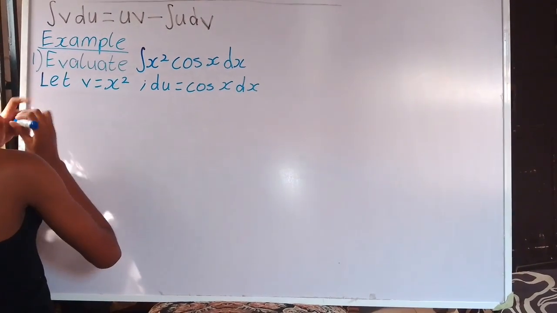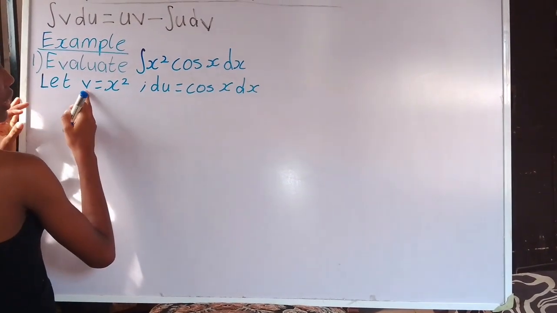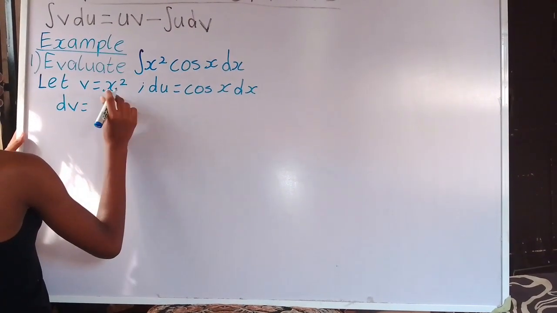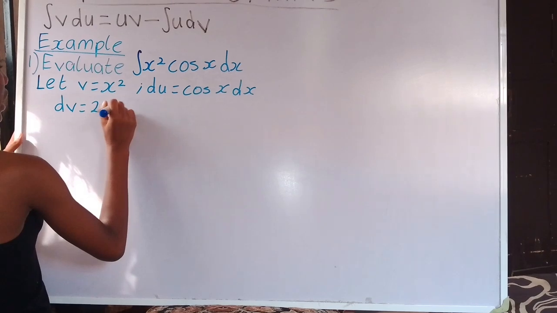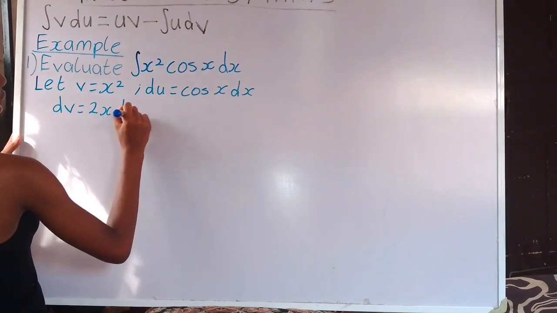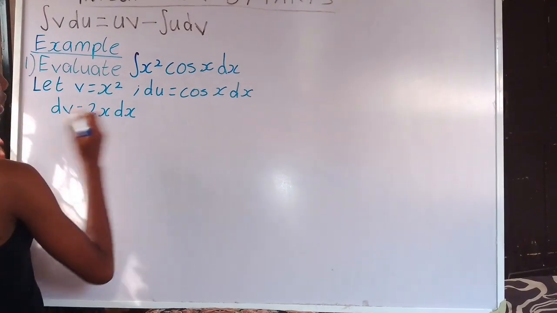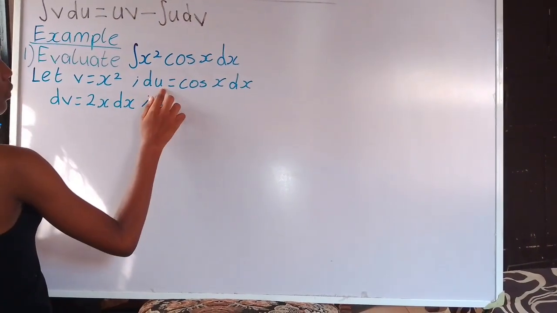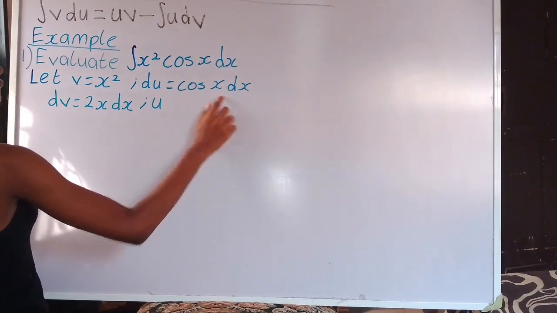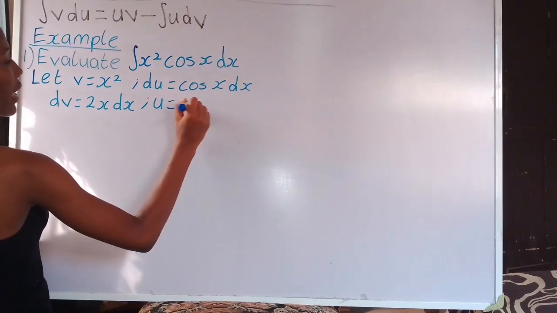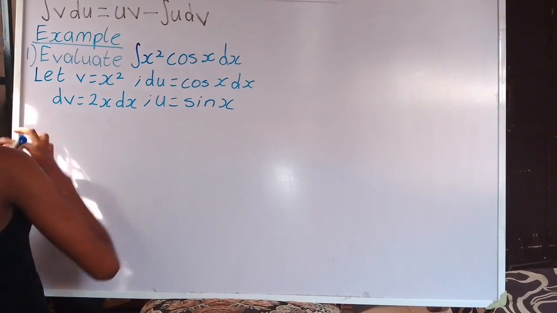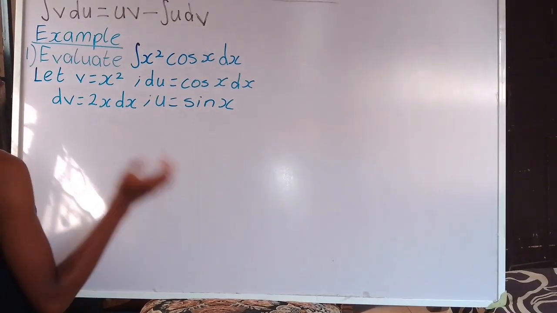Now if we are going to differentiate v to get our dv, so our dv will be differentiating x squared, it will give us 2x, then we'll write dx because we differentiated with respect to x. Then to get u, we are going to integrate du. The integral of cos x will give us sine x. So now that we have all our parameters, we'll substitute them into our formula.